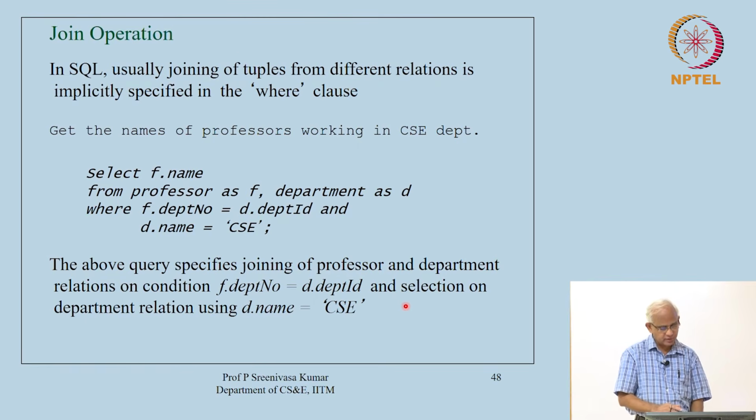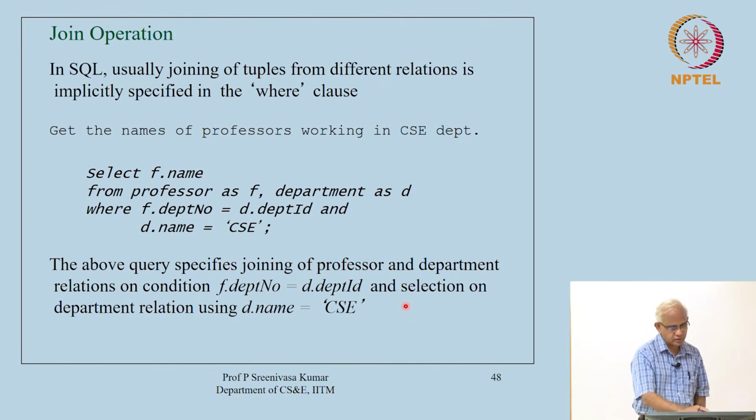So, here is a feature that in some sense goes slightly away from the spirit of SQL, but nevertheless it is there. So far we have seen that we don't indicate which condition is a join condition, which condition is a select condition, and things like that. All conditions are there in the where clause.